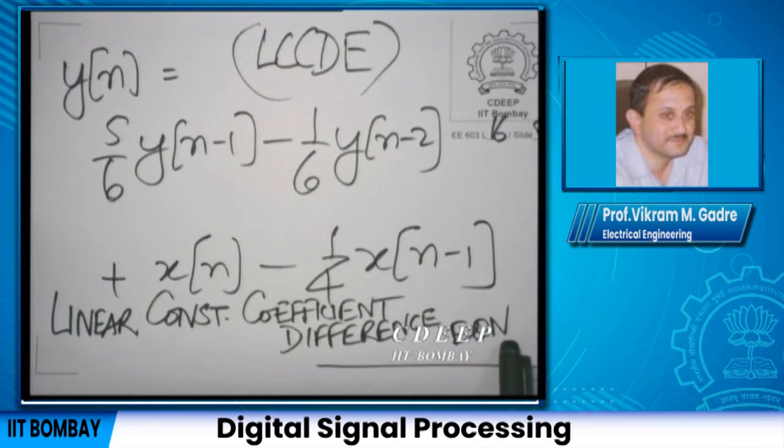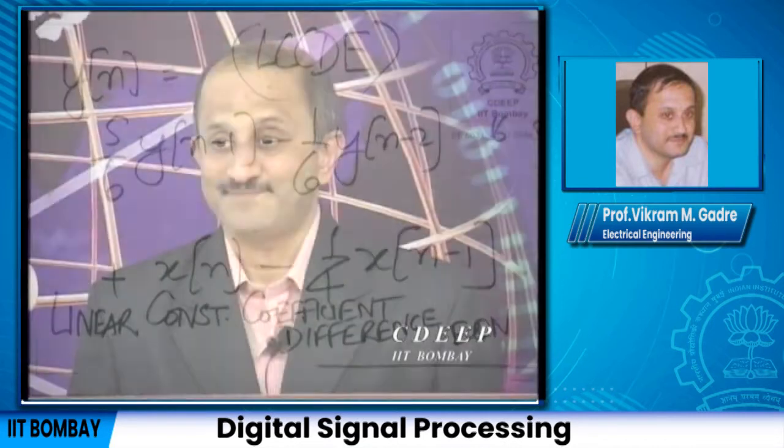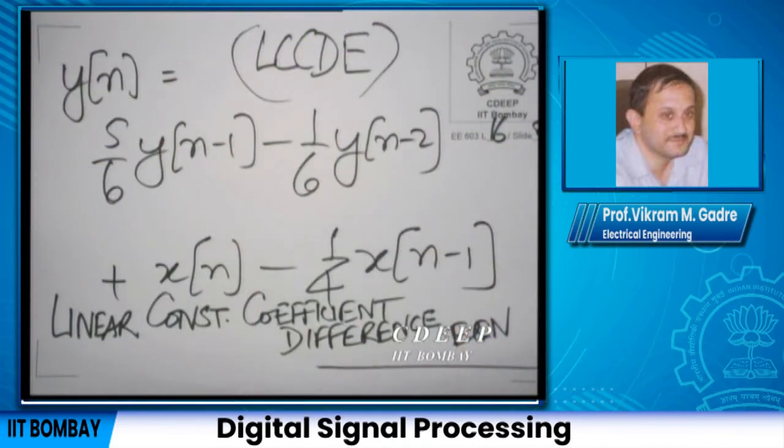Difference equation. Let us understand the terms one by one. Difference equation is a relation between the input and the output in the sampled natural domain. The difference equation is a relation between the discrete input and the discrete output. A constant coefficient difference equation is a relationship where the multipliers that are involved are all constant.